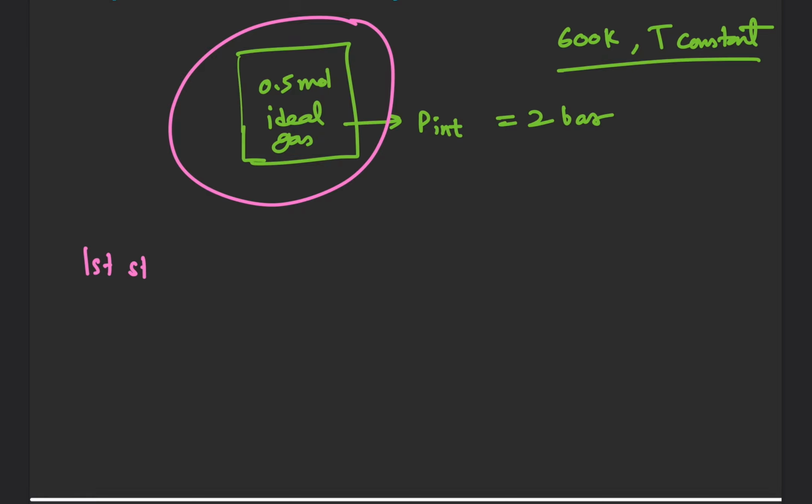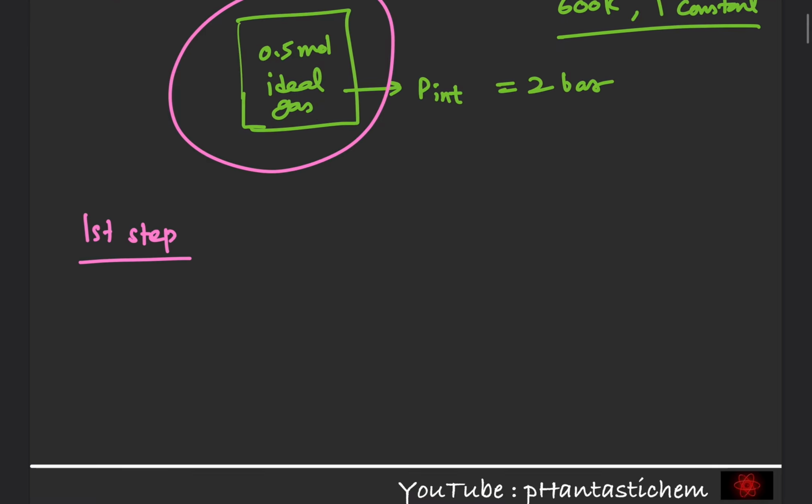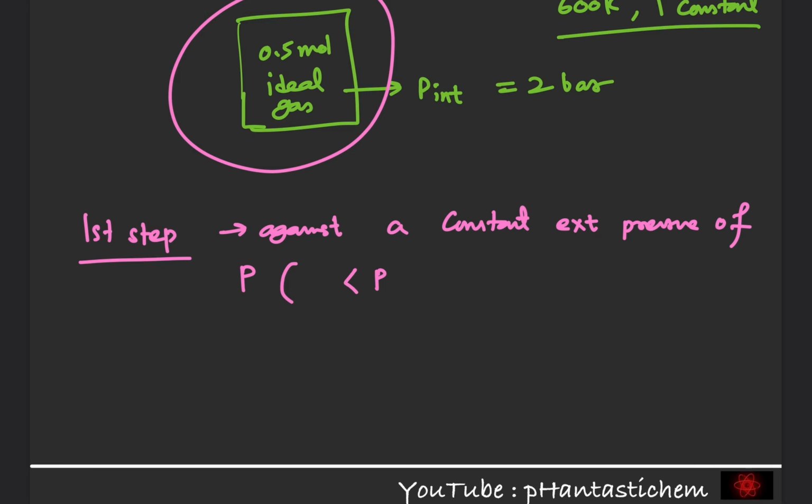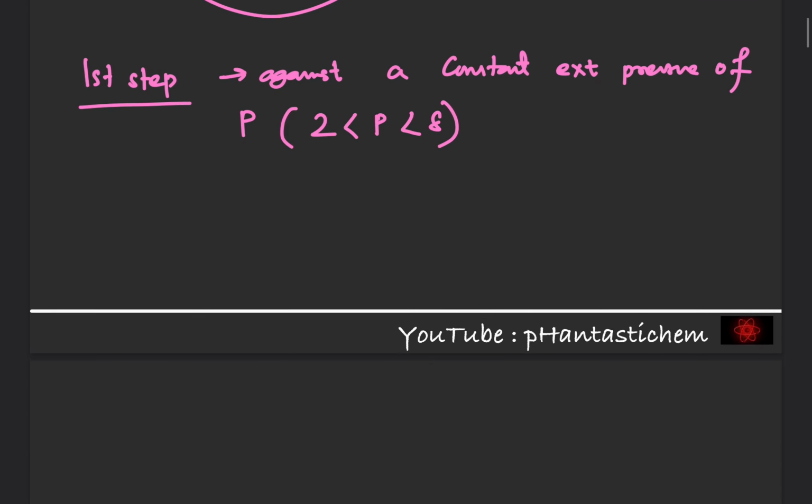Okay. In the first step, it is against a constant external pressure of P bar, and the value of P ranges from 2 to 8. Okay.